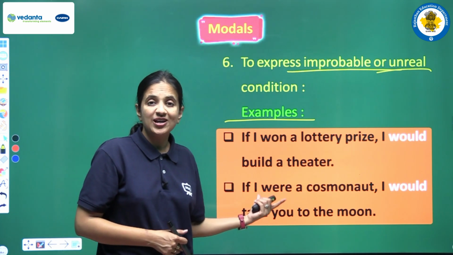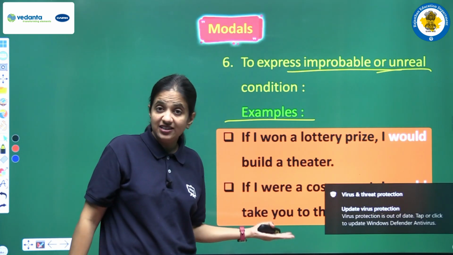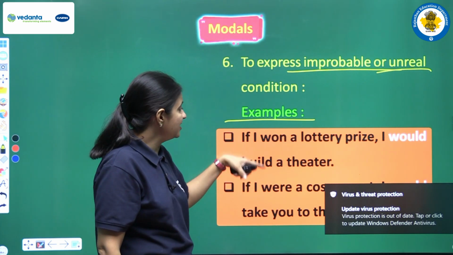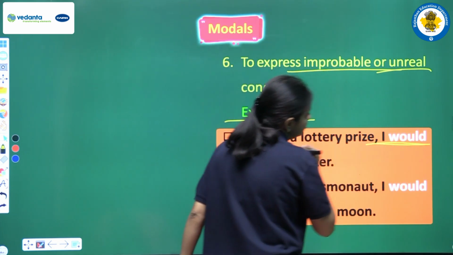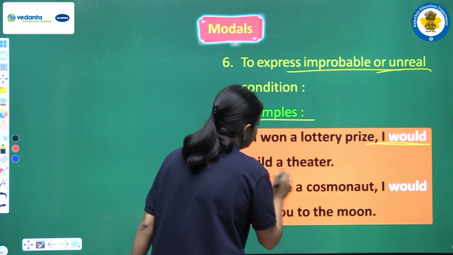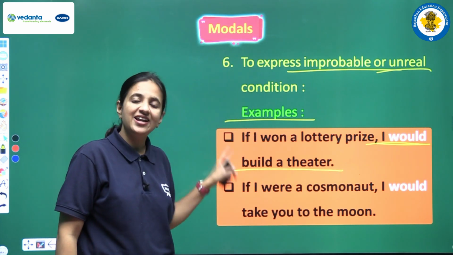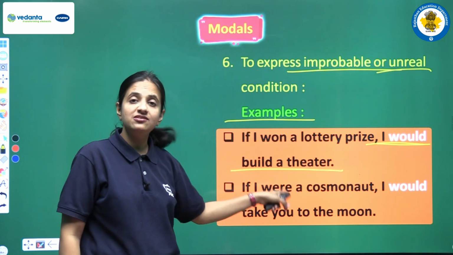Here we are talking about a very unreal condition. We are just imagining this, and we are showing our imagination. If I won a lottery, and in the second part, that is the result clause, we are using would, and we write that I would build a theater. So again we have one condition clause and one result clause, and in the result clause we are using would plus the first form.